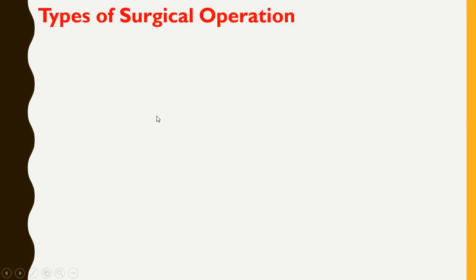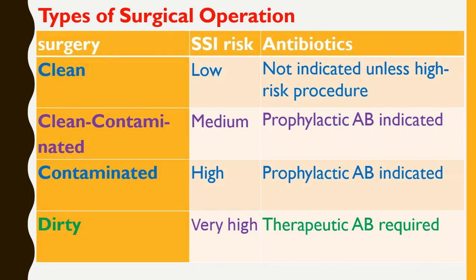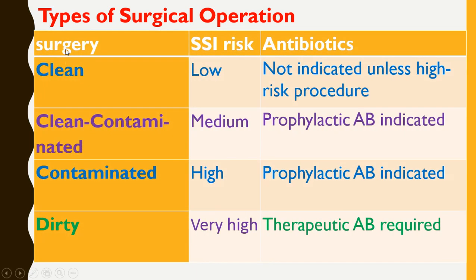Types of surgical operations. We have the surgery, surgical infection risk, and antibiotic. In clean surgery, low risk, and antibiotic not indicated unless high risk procedure. In clean contaminated surgery, medium risk, and prophylactic antibiotic is indicated.